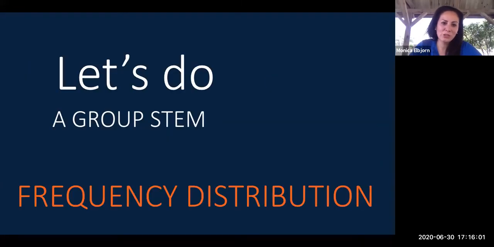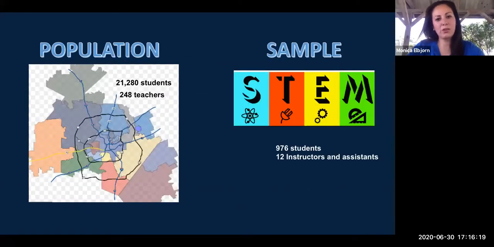I decided to do the STEM group because we're familiar with it, and I asked you about your ages too. We're going to graph the frequency of how many people are in each age, and you'll see more. If we're talking about our population, I thought this would be a cool example.